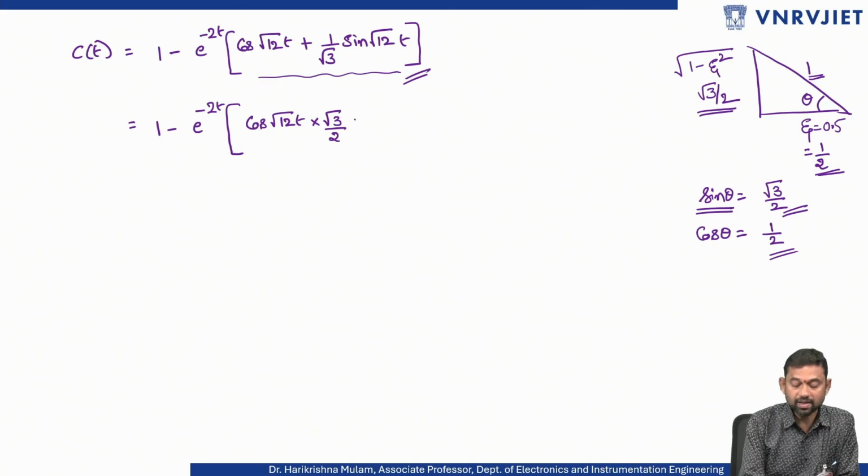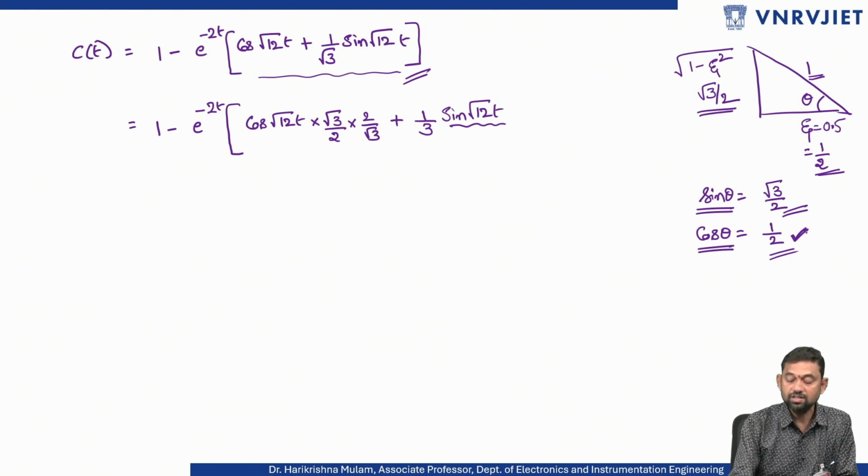But as you cannot multiply like that, I am also multiplying it by 2 by root 3. Therefore, overall its effect will become 1 plus 1 by 3 into sine root 12t. As sine term is there, I wanted to multiply with the cos term, cos theta term, and its value is 1 by 2. As I cannot multiply it just with 1 by 2, I am also multiplying it with 2 as well. Therefore, overall its multiplication will become unity.